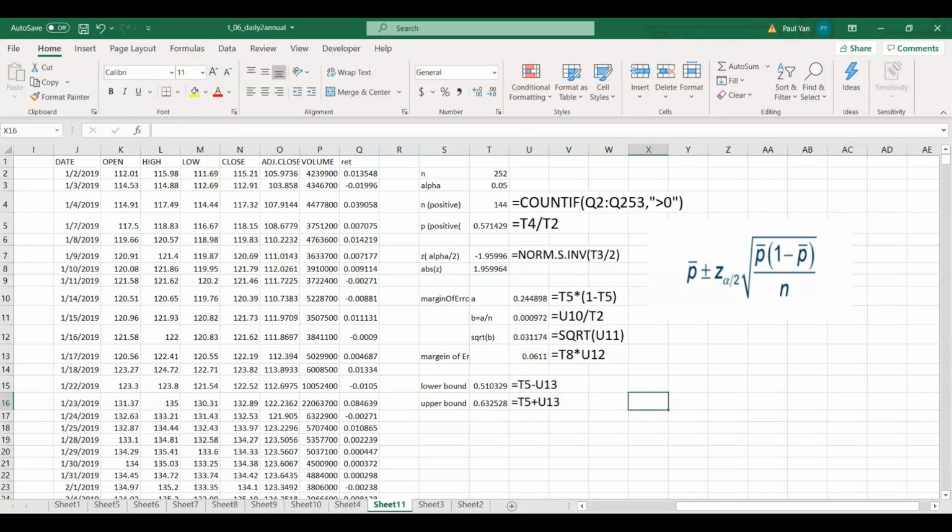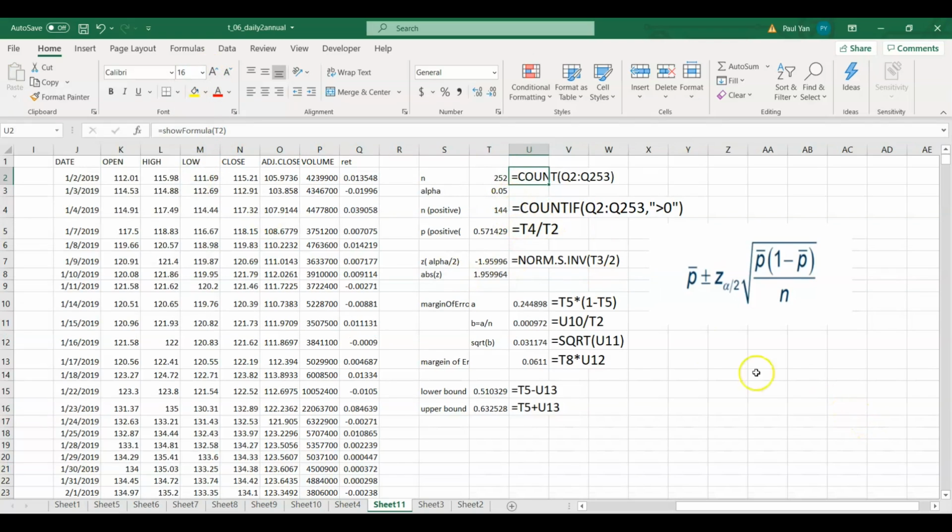I'm going to summarize our concept here. For this exercise, we want to look at the percentage of positive daily returns. Then we calculate a 95% confidence interval. First we calculate n, using count to see how many observations we have, 252.